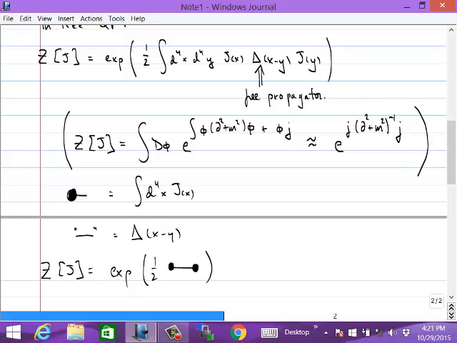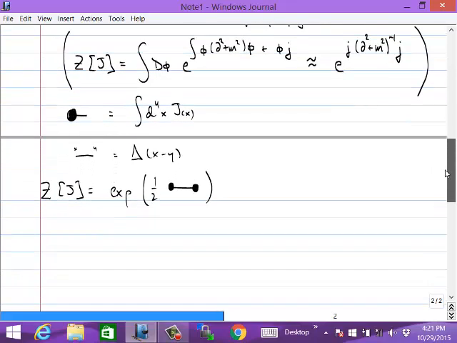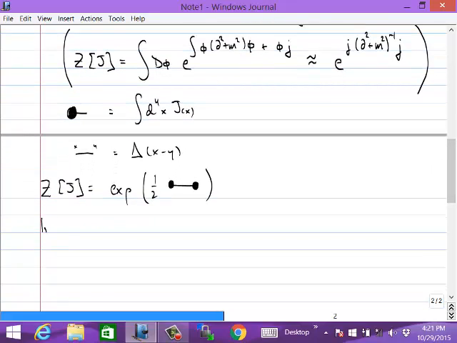And in fact, it turns out that it's very easy to generalize this, at least in principle, to interacting quantum field theory.